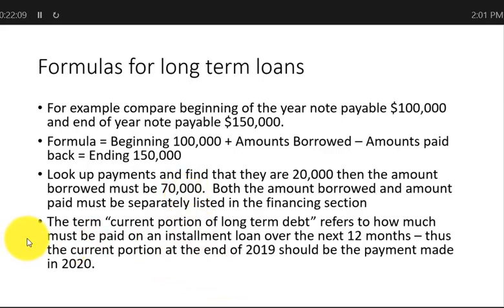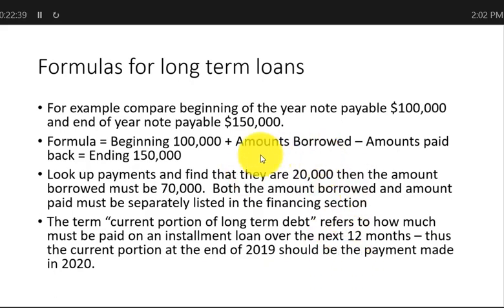Just as a hint in terms of reading the balance sheet and using it for cash flow, if you see the term current portion of long-term debt, that is the amount that's got to be paid in the next 12 months. So if you see a balance sheet at the end of a year, like end of 2019, and it says $20,000 in current portion of long-term debt, you can count on the fact that that is going to be paid in 2020.